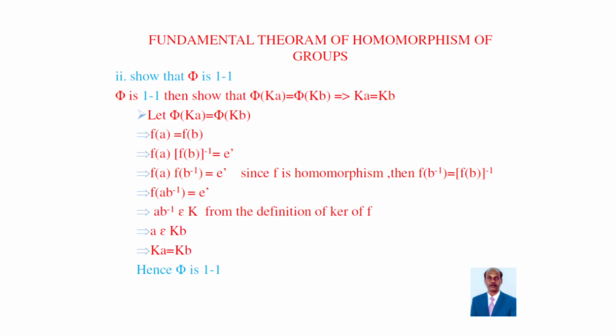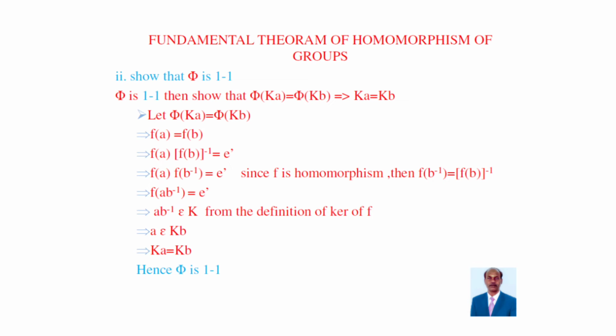So f of ab inverse equal to e' from the previous step. According to the kernel definition, f of ab inverse equal to e' means that ab inverse belongs to K.